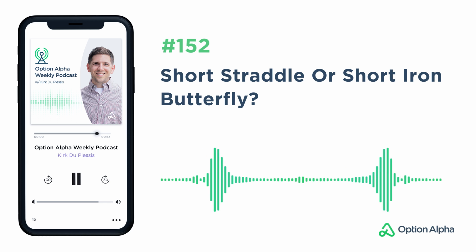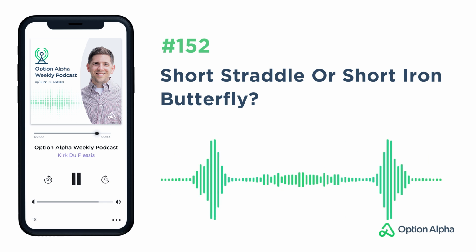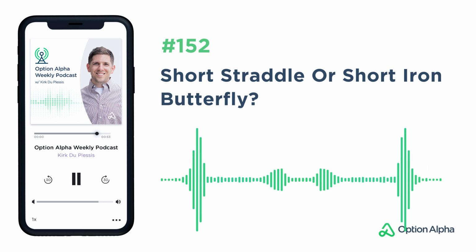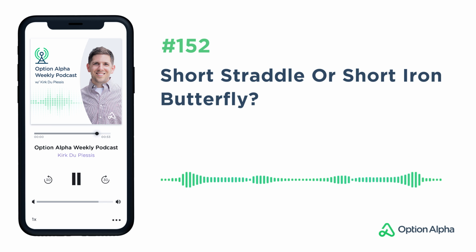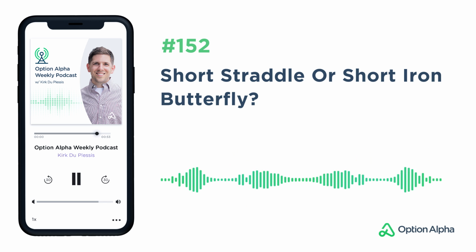Now, in exchange for buying that protection, which costs money, I have reduced my risk so that if the stock goes beyond 110 or beyond 90 to the downside, I have no additional risk. So that's the benefit of doing iron butterflies, is that they contain and control risk and margin much more efficiently than you would with a short straddle.